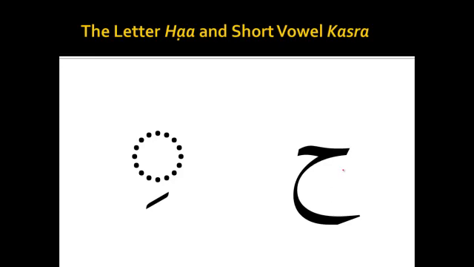Here we have the ha and the kasra. Now the ha here is different than the h. And that's why I'm drawing a dot below the H to signify that the ha is different than the ha. Ha, ha.